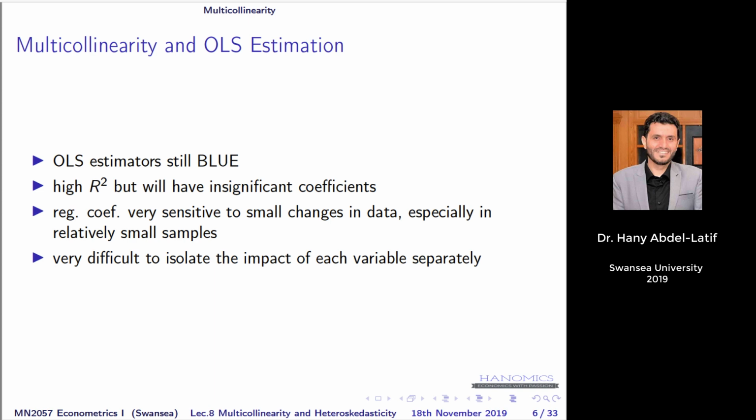In that case, it's very difficult to isolate the impact of each variable separately, because the variables are actually related; they are correlated with each other. So, just to sum up before moving on to how to test for multicollinearity, let's go back to what we're trying to cover.